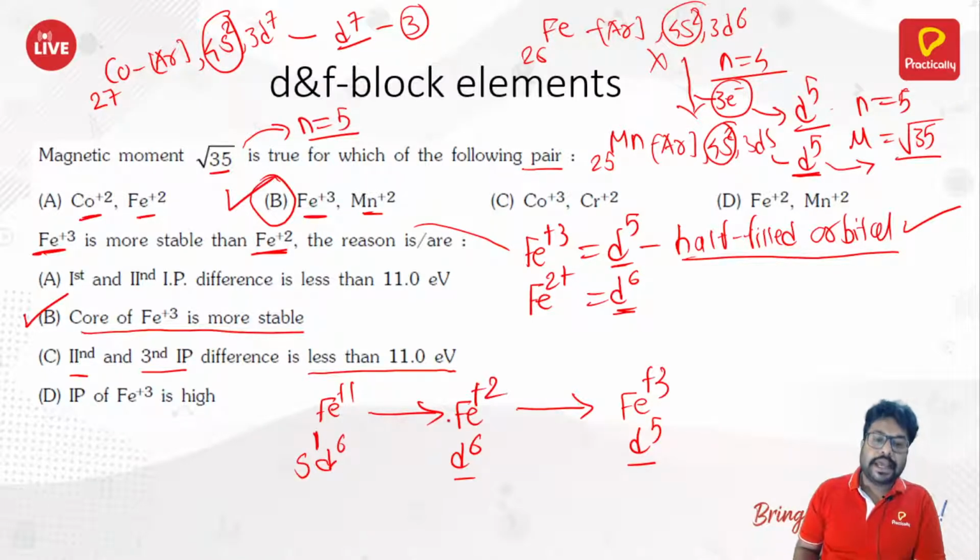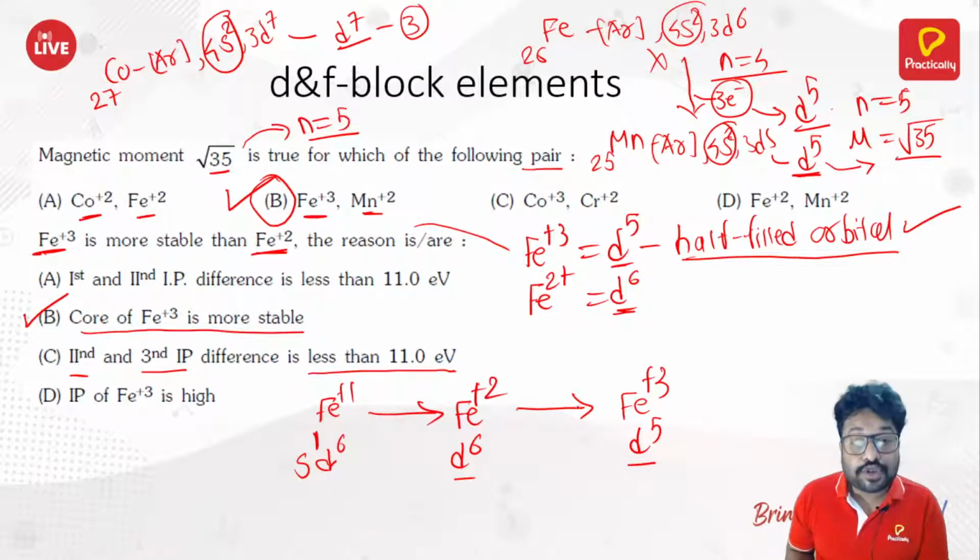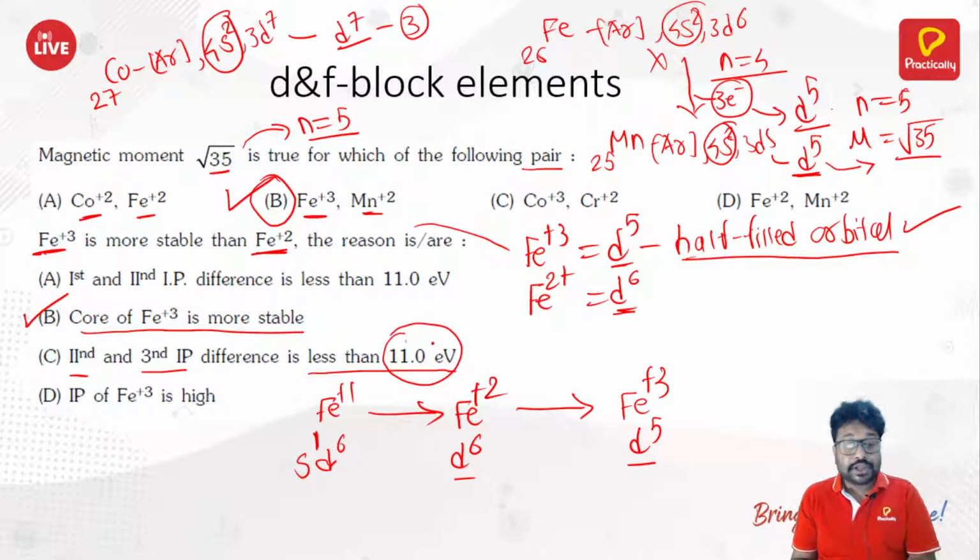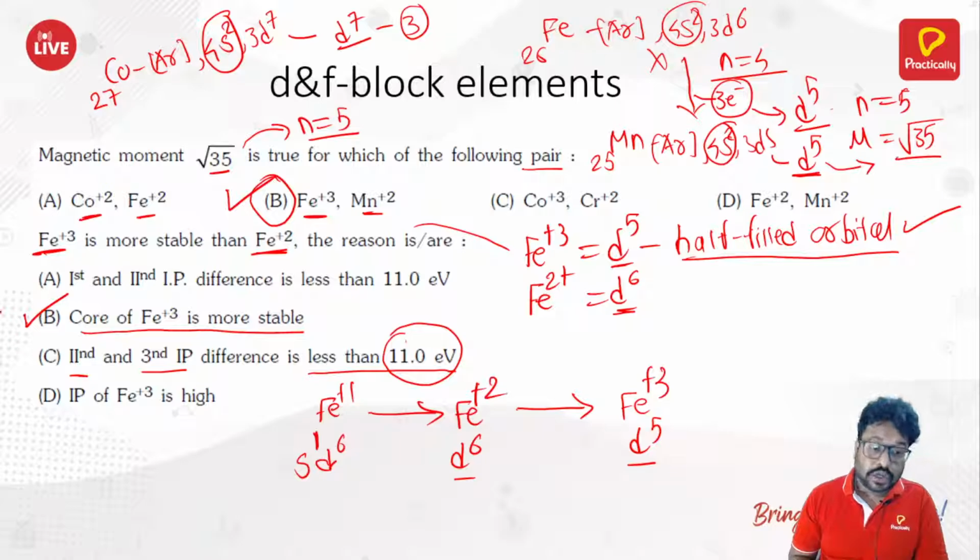In the process, it requires less absorption of energy, which is less than 11 electron volt. So that is also the reason for Fe plus 3 to be more stable than Fe plus 2. So both B and C are the reason.